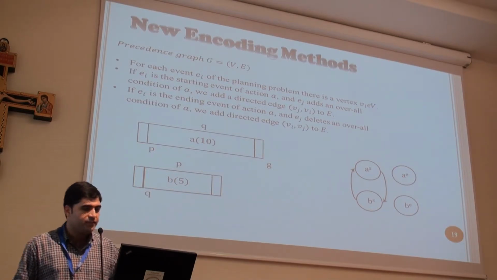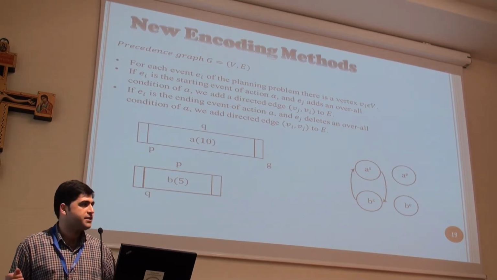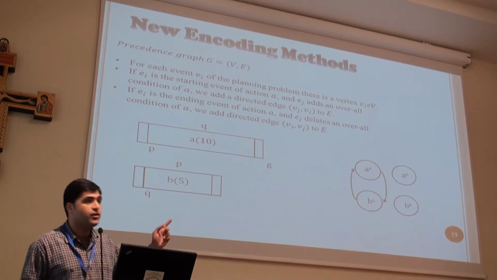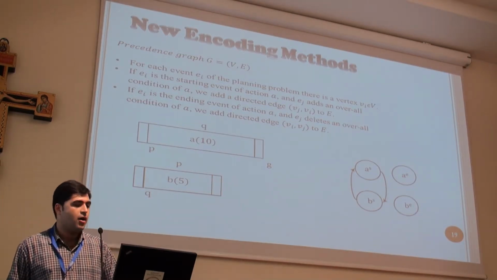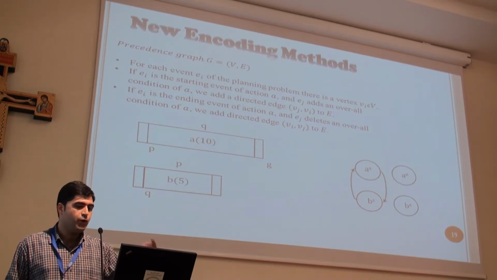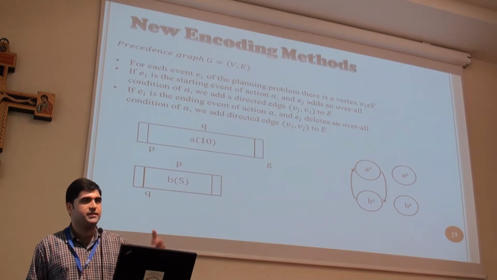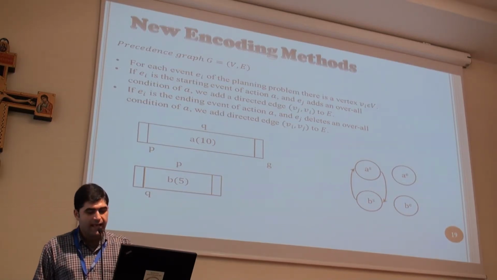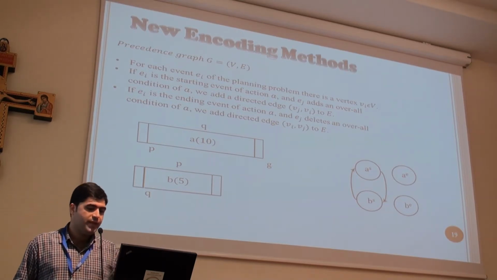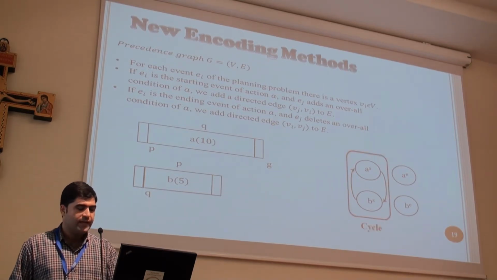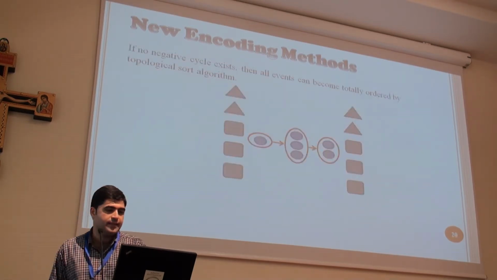Like if the start of A is producing something for the overall of B, we put an edge from AS, which is the start of A, to BS, and the same edge is put from BS to AS. So we see that we have a cycle here, and this is not just by chance.